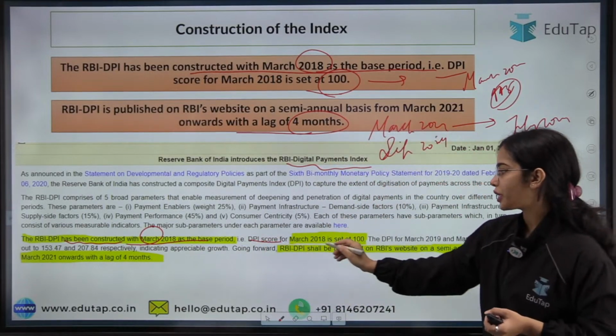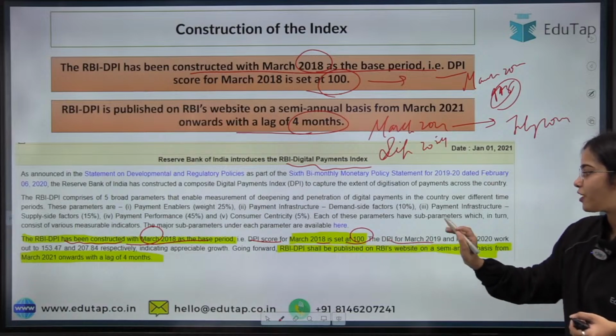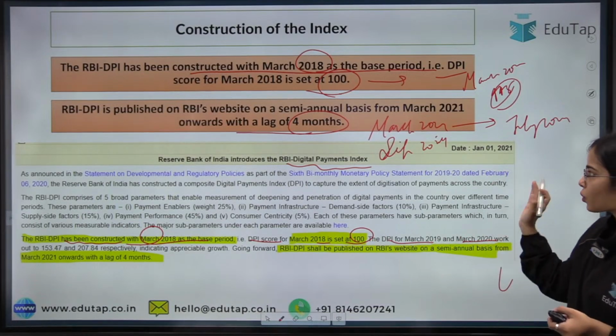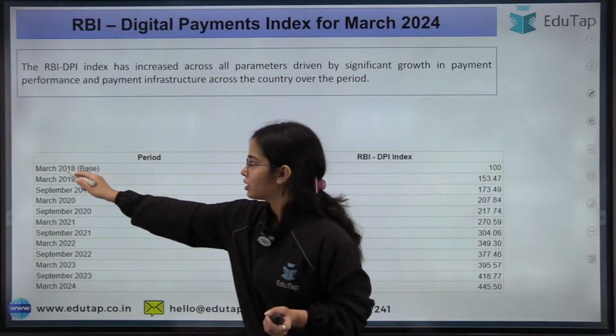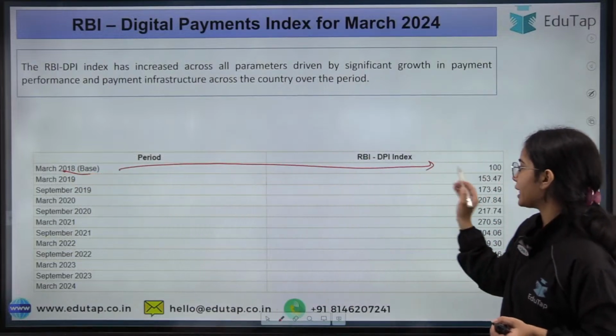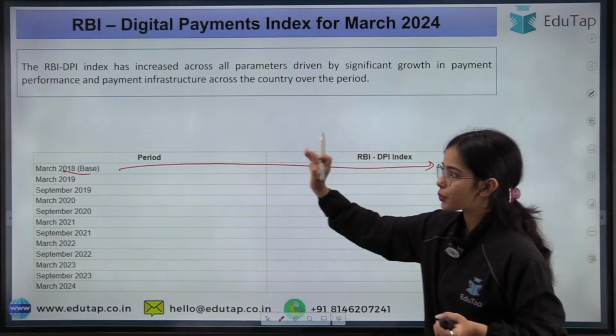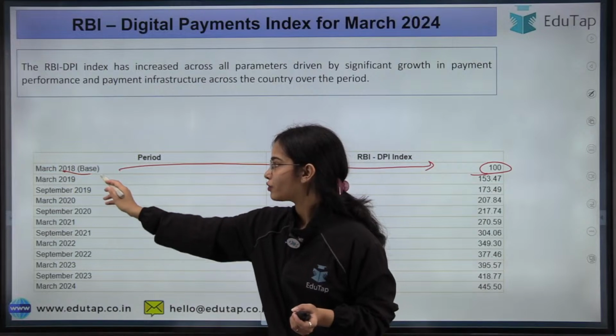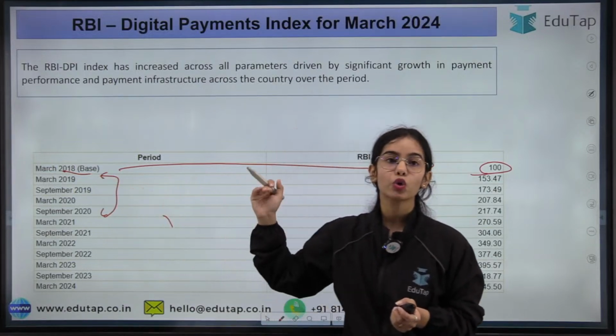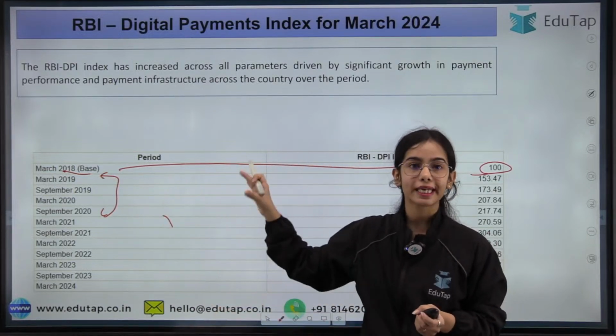The DPI score for March 2018 is set at 100, and the data for March 2019, September 2019, March 2020, and September 2020 were also released, so that we have a continuous data flow.